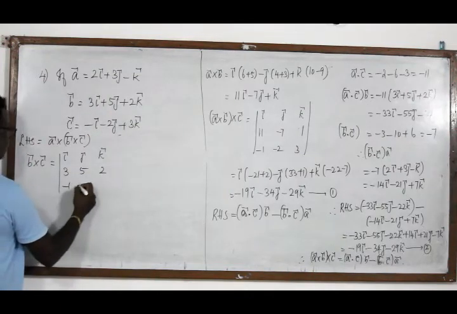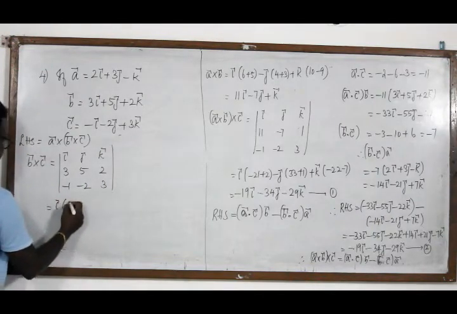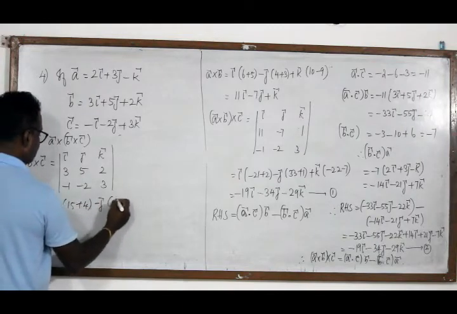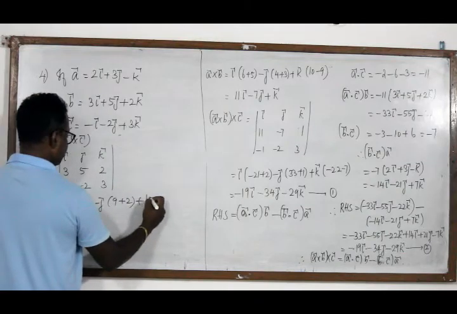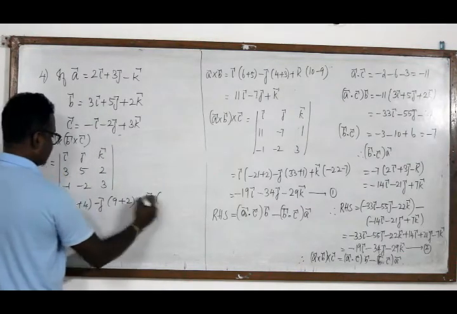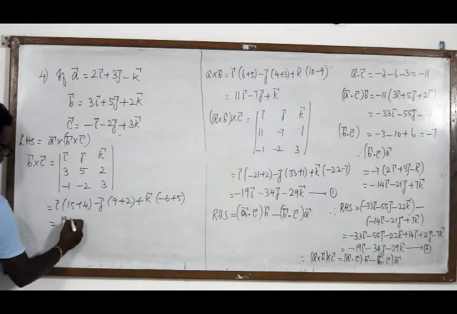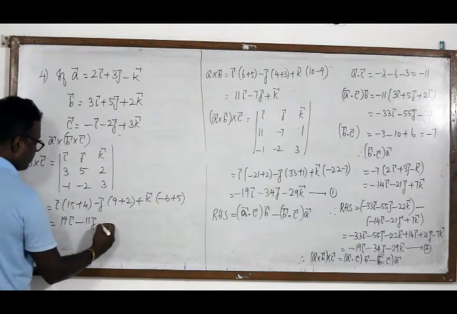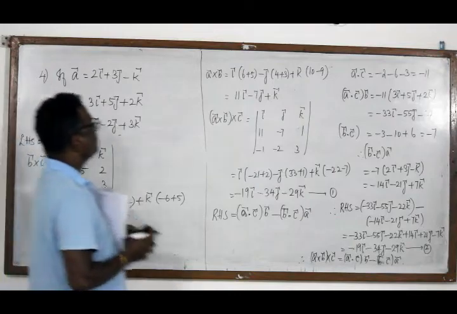C vector is minus 1, minus 2, plus 3. It is i into 15 plus 4 minus j into 9 plus 2 plus k into minus 6 plus 5. So it is 19i minus 11j minus k.